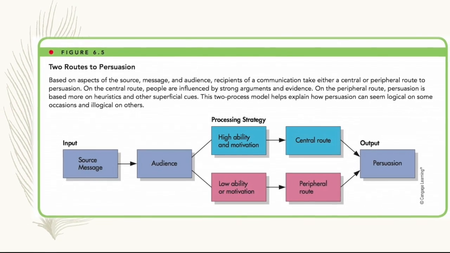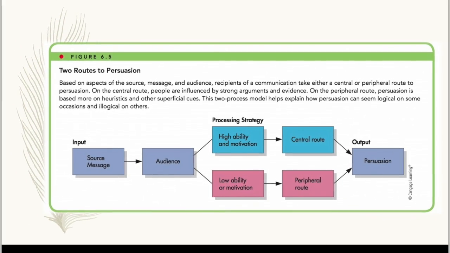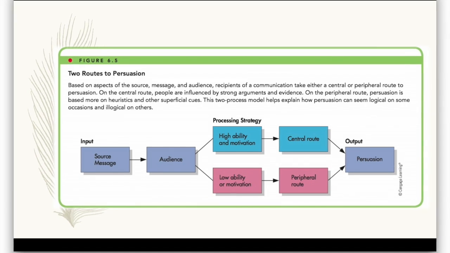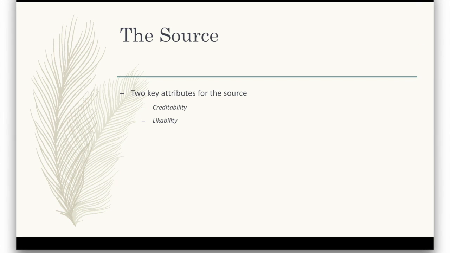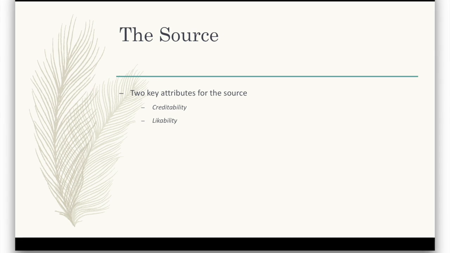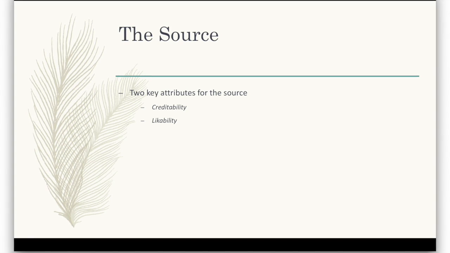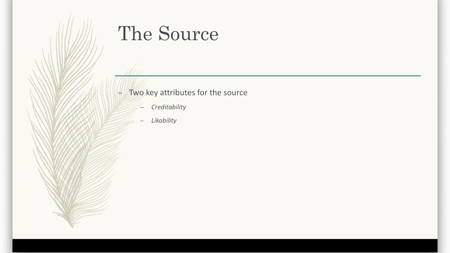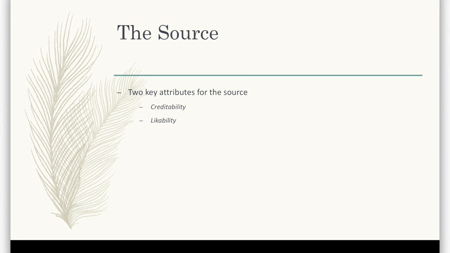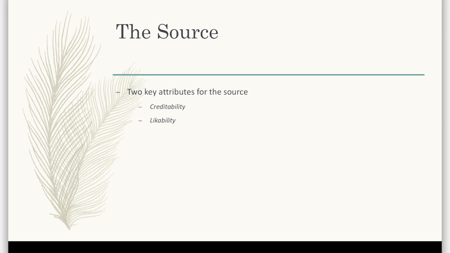Here's a chart that demonstrates the two routes of persuasion. Now, the source is a pretty important step in order for you to catch the attention and draw that attention. And there are two attributes for the source, which is credibility and likability.